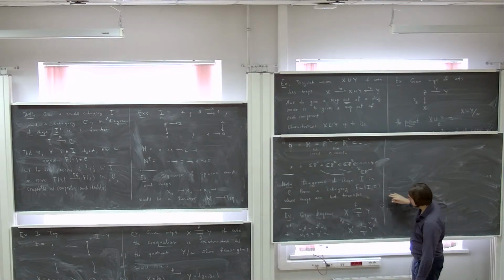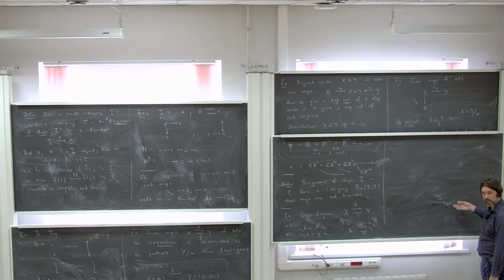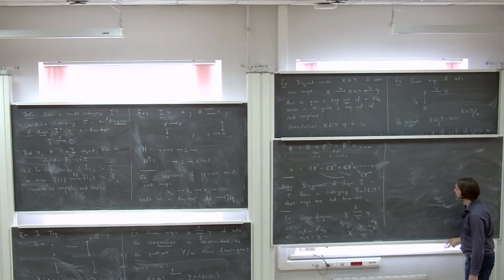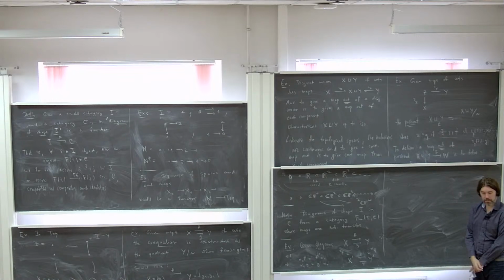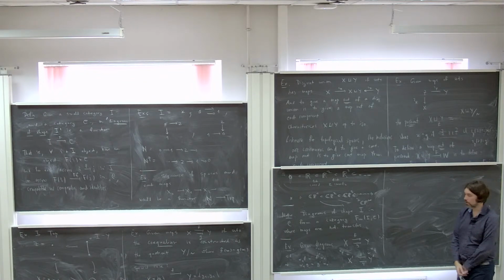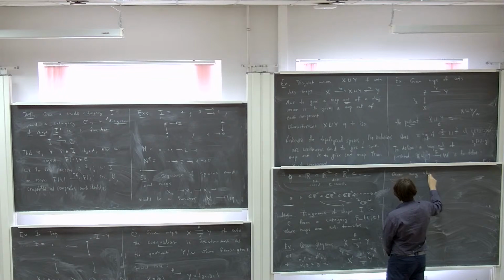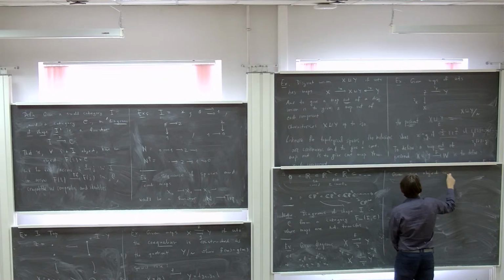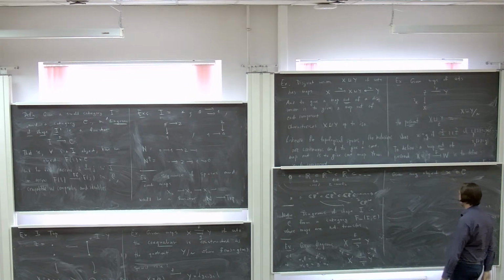And if you imagine a more complicated diagram, it would be maps between each object that appears in the diagram commuting with all the maps. And note, among all diagrams, there's some special ones that are very, very simple. So given an object, just pick an object, any object in C. Let's call it little x. So given any object, little x in C, I can form a constant diagram.